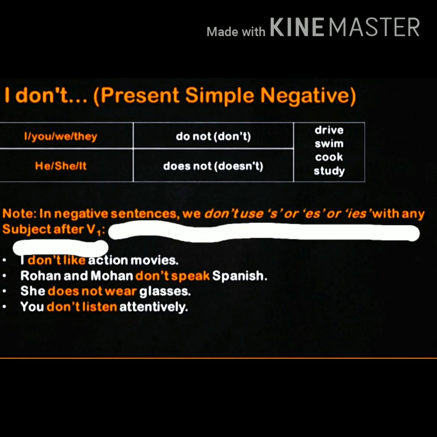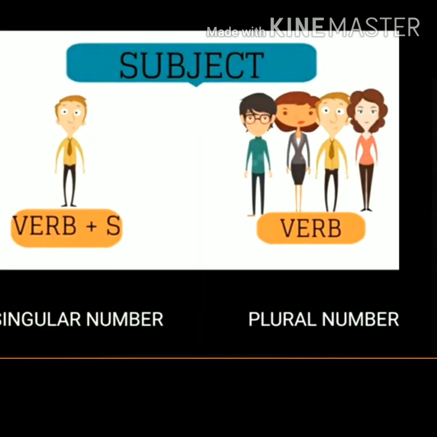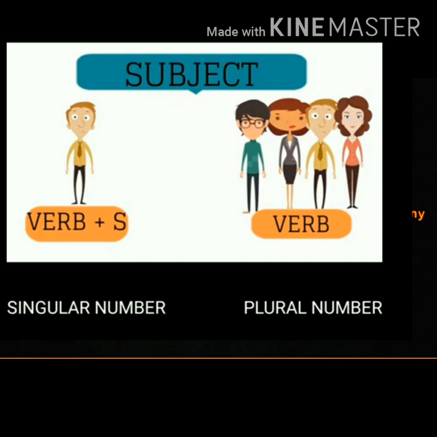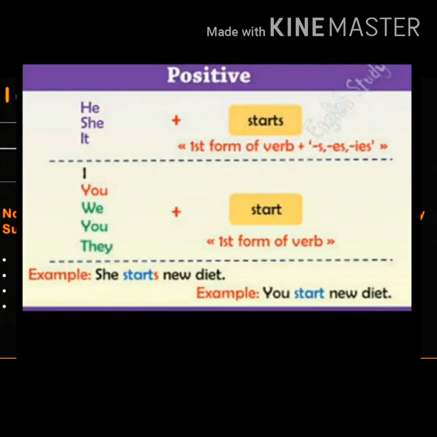Why is it like that? I wish you all remember our subject verb agreement video, where I explained that in simple present tense we can use verb plus s when we are talking about singular number, and when we are talking about plural number we will not use any s in the sentences.